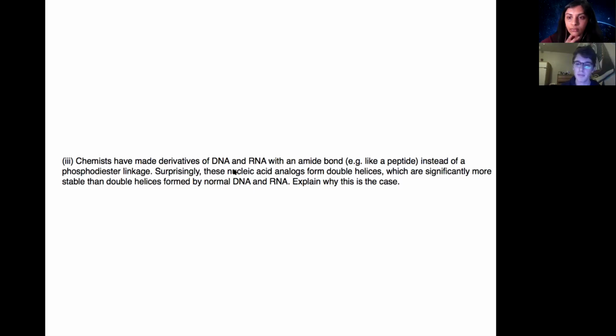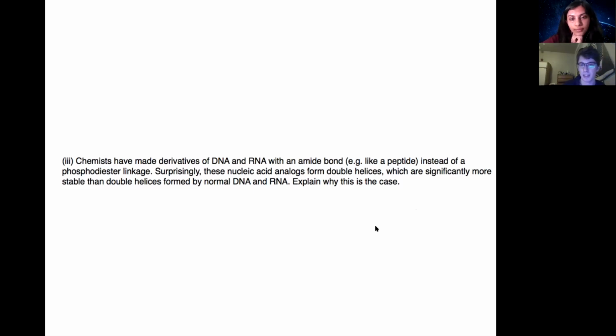If you think back to part one of this question with the basic skeleton, you'll remember that negatively charged phosphate backbone. Since there's a bunch of phosphodiester linkages with negative charges, that's going to contribute to repulsion.